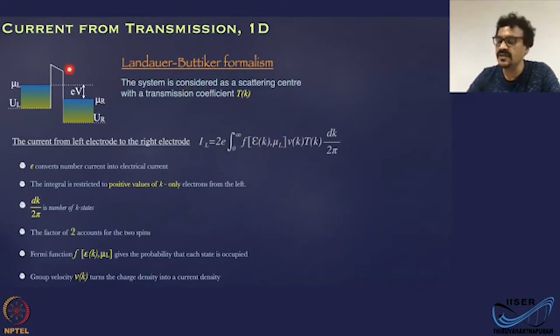So you have something like a scattering center with a transmission probability, or transmission coefficient, Tk.